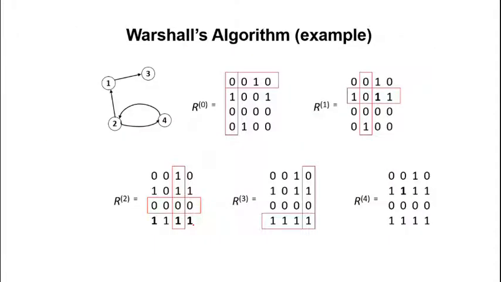To simplify the process, we may look at this graph. For example, R0 is the adjacency matrix. We want to update. The rule is, if 1 it remains 1; if 0, we have to check and update. In order to obtain R1, we look at R0, k minus 1.